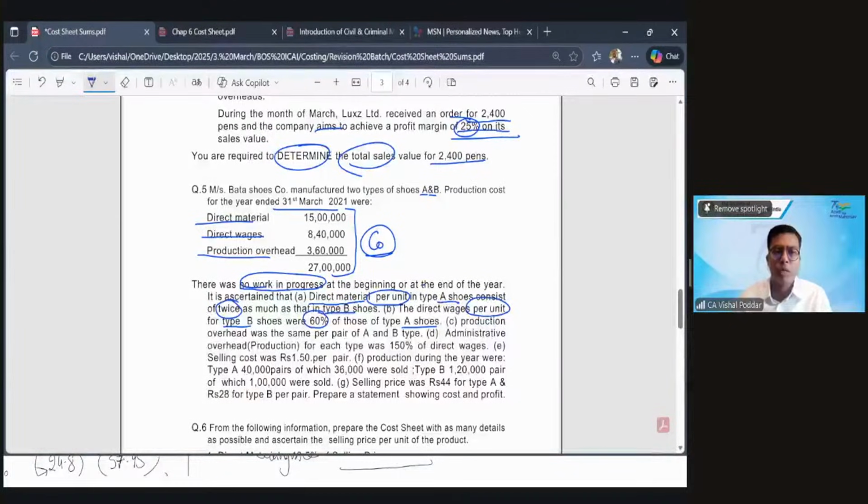So be clear because that is going to be the key when we are solving.